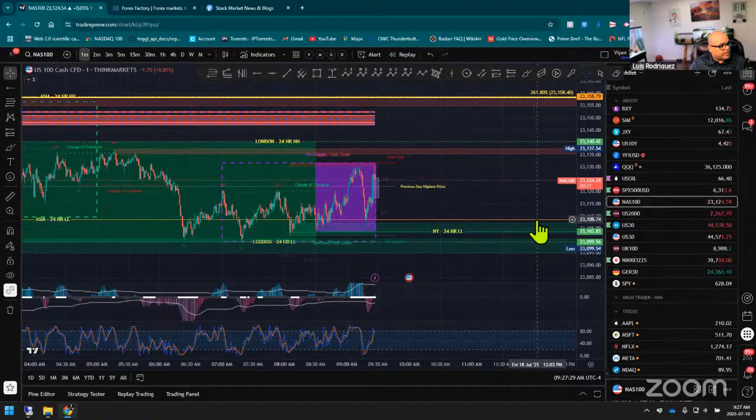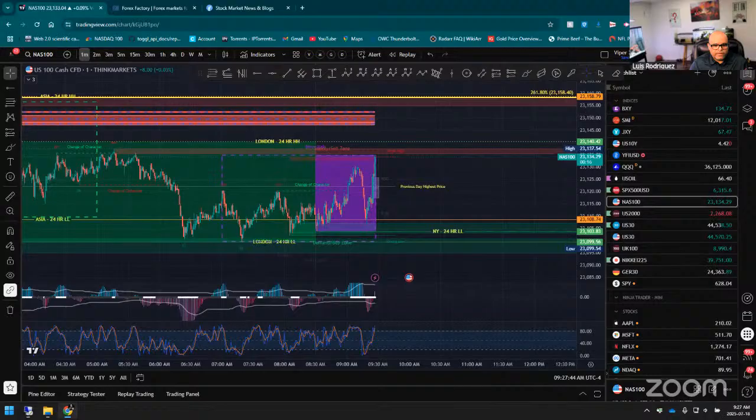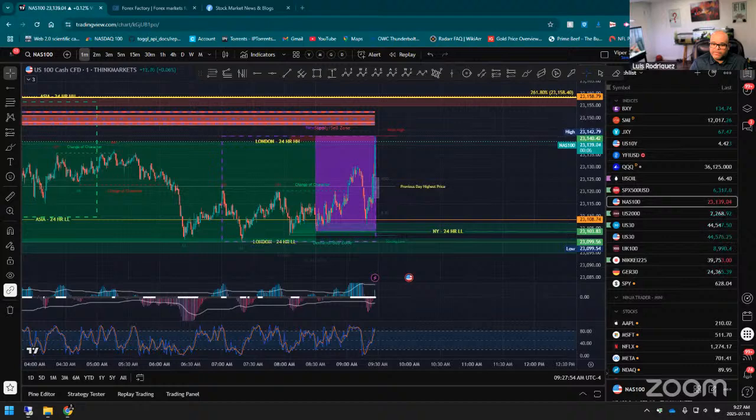Let's go, familia. Oof, the market is now pushing down, a drastic push down. This is 3 minutes before the market opens. Oof, big push to the upside. What is going on? Wow.